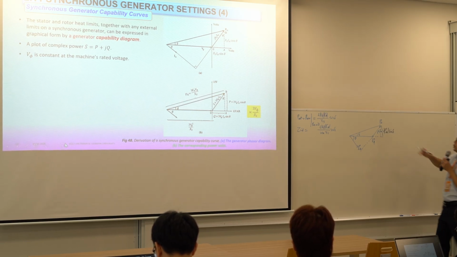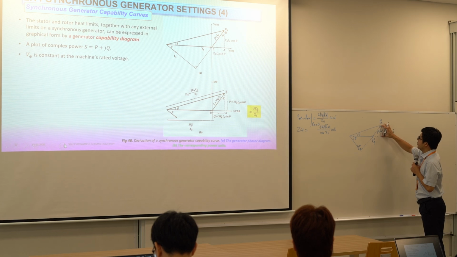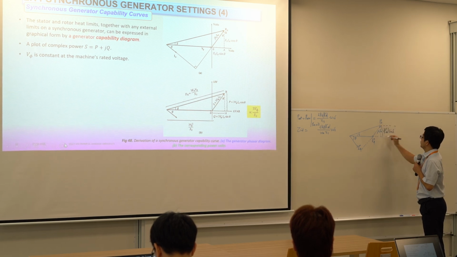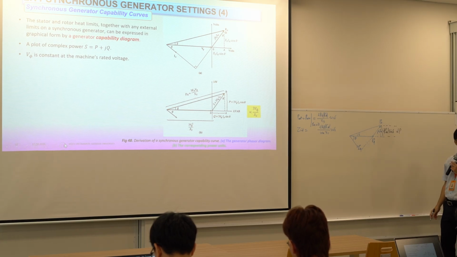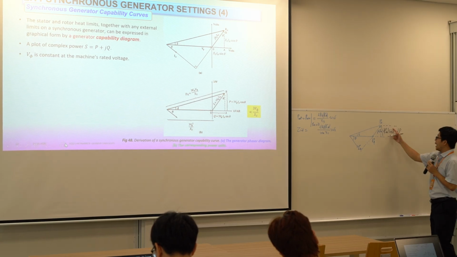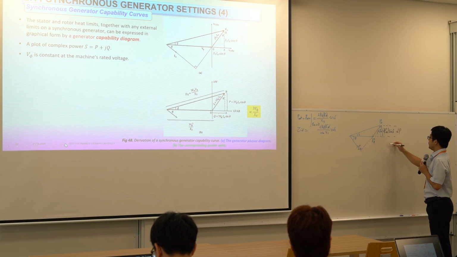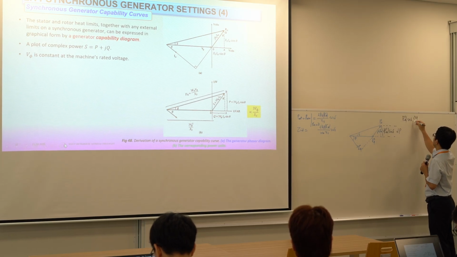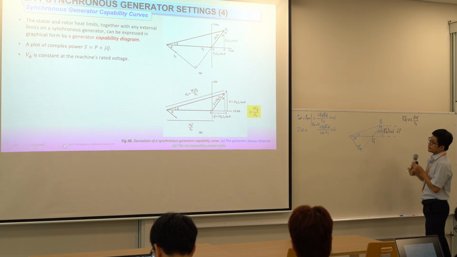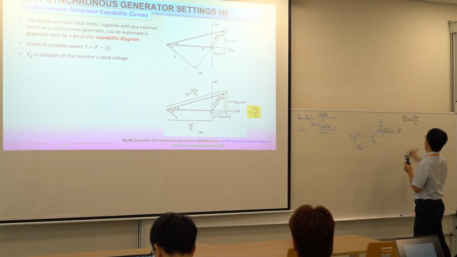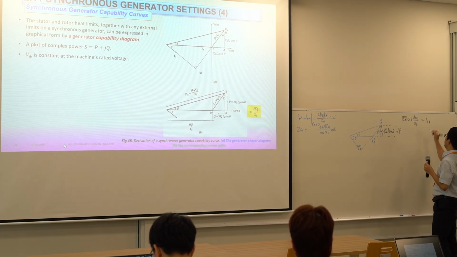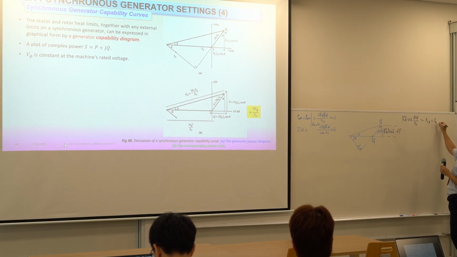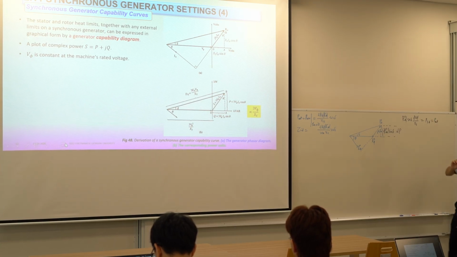Okay, so I would like to indicate this segment is proportional to P, right? If I multiply EA sine delta by 3V phase over XS, I can get here a P three-phase or P out.